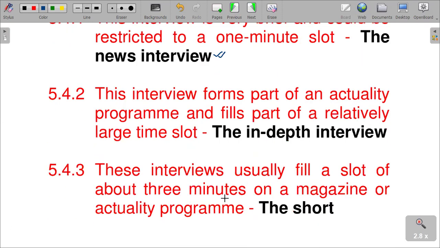The interview forms part of an actuality program and fills a relatively long time slot. It is the in-depth interview.